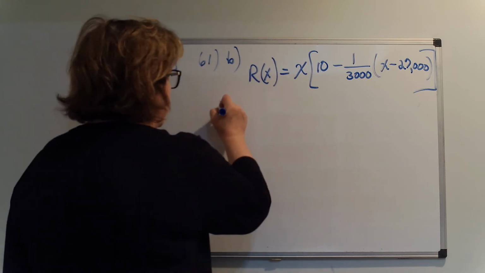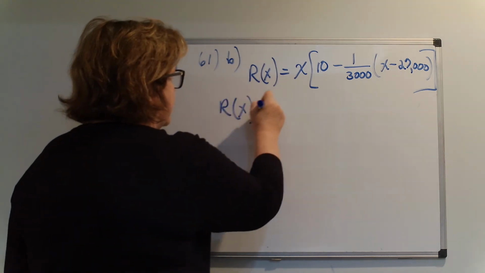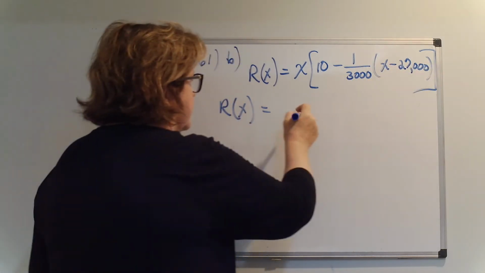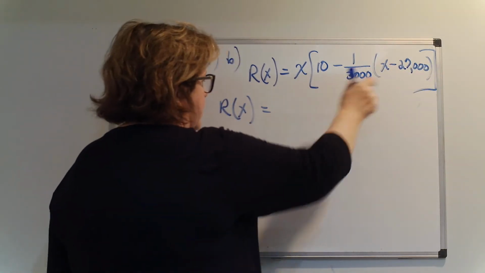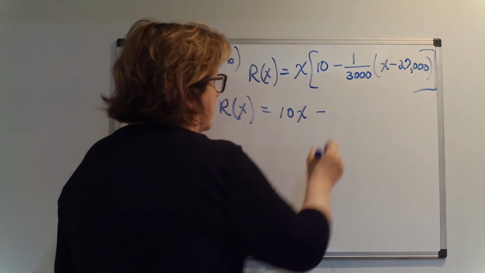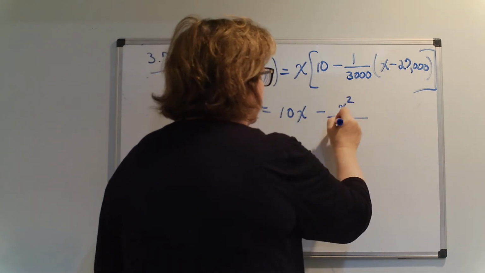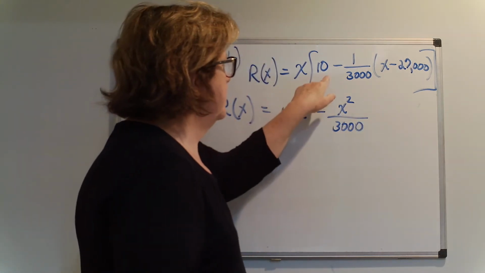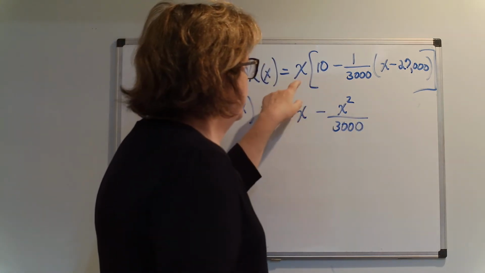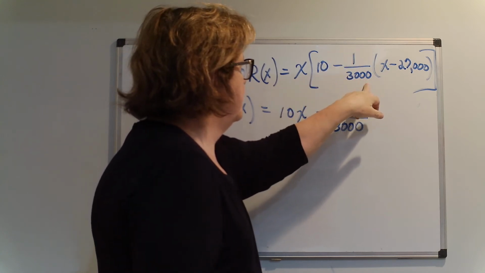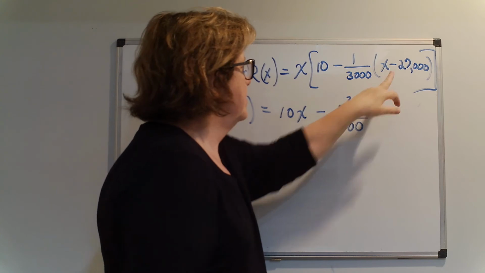Okay, so let's clean it up a little bit. I'm going to multiply this out. So I'm going to get 10x minus x squared over 3,000. So I'm going to multiply this times this. Then I'm going to multiply this times this. Then I'm going to multiply the negative x over 3,000 times x.